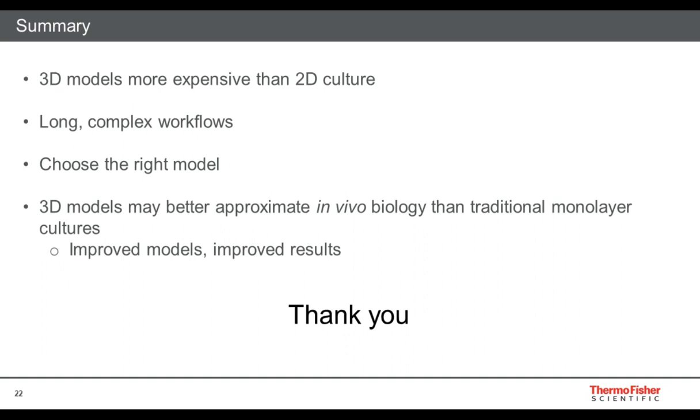So some of the limitations to these materials is that they are temperature sensitive. Once they start to warm up, they start to gel or polymerize fairly quickly, which means you have to take extra care to be able to work with them.